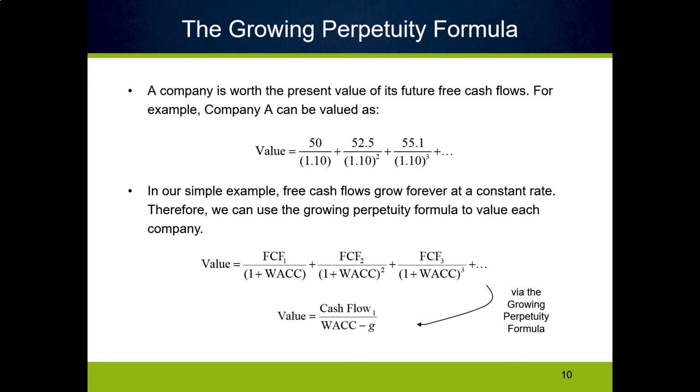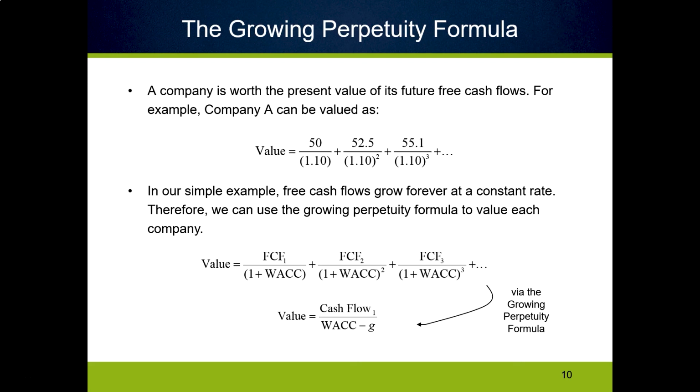With a few assumptions being satisfied, we are able to collapse an infinite series of free cash flow present value problems, which is what we have here. Present value is the free cash flow divided by 1 plus the discount rate raised to the number of periods in the future.